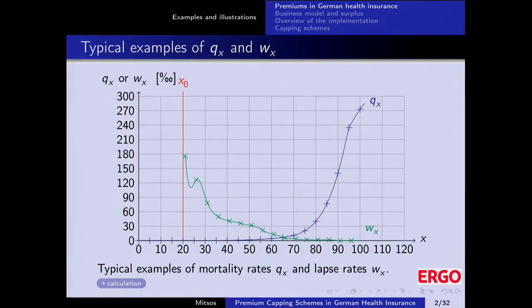In high age, when they are old and frail and sick, of course, nobody defaults on their health insurance, it's clear. And on the other side, in young years, almost nobody dies in Germany, but eventually everybody has to go.